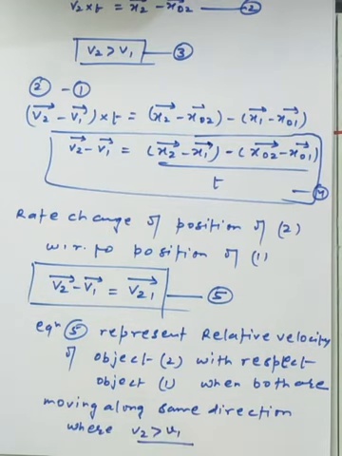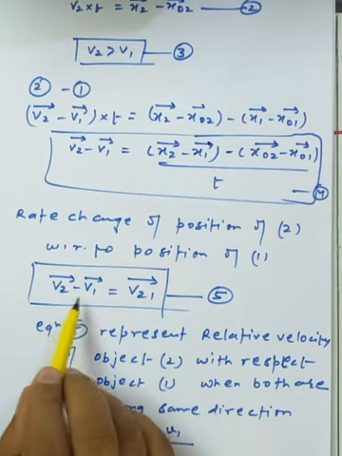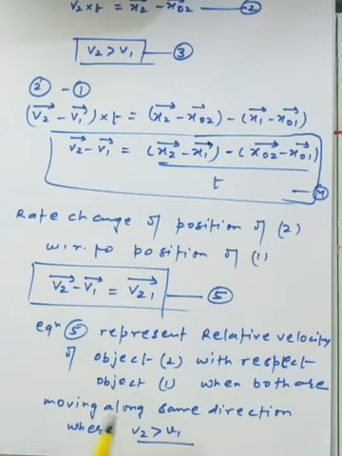So on behalf of this concept we have got the basic formula. If two objects are moving along the same direction, the relative velocity of 2 with respect to 1 can be stated as v2 minus v1. So this is the general formula we have.